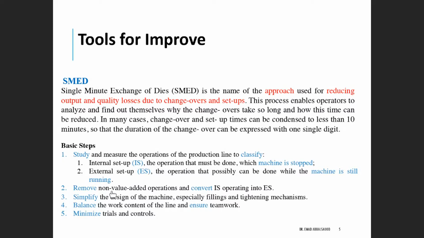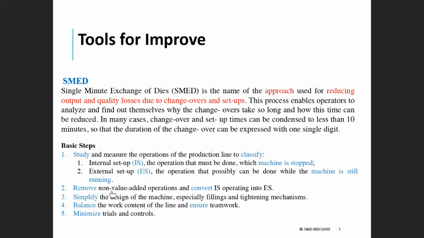How? By removing the non-value-added operations. You may find operations can be done faster, or can be done while some or part of the production line is working without affecting the overall production. Or maybe some of the steps, if you have enough people to do them, can be done while the machine is working.